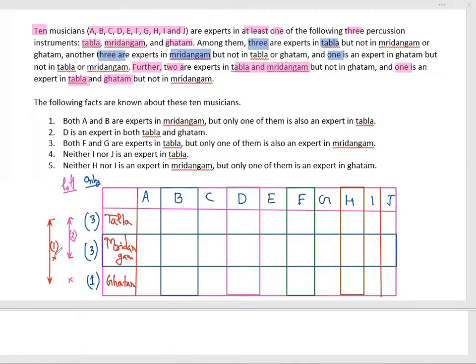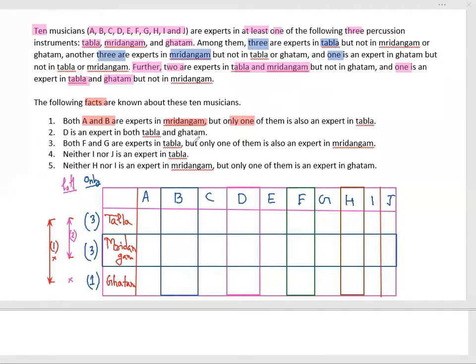Okay. Now let us go with the extra information which is given, the following facts. Both A and B are experts in mridangam, but only one of them is also an expert in tabla.